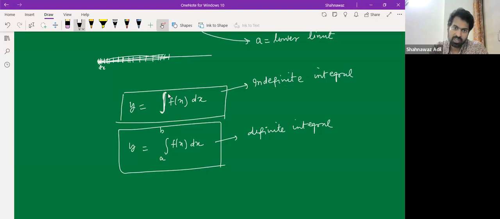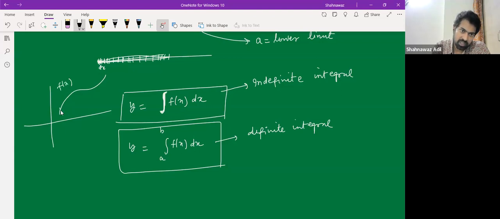You see that this doesn't have a boundary. Let's say you have this function f(x), and you take the small change dx, and then you integrate over this. You take the whole integral, so this is called the indefinite integral. But when you calculate the integral at this point and at this point, this is called a definite integral.